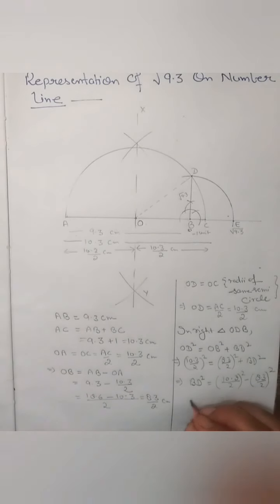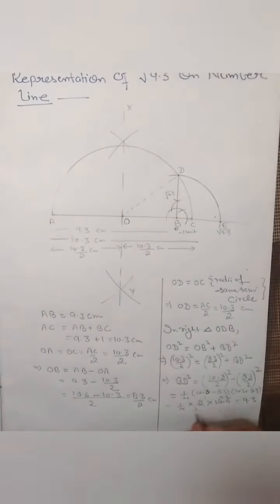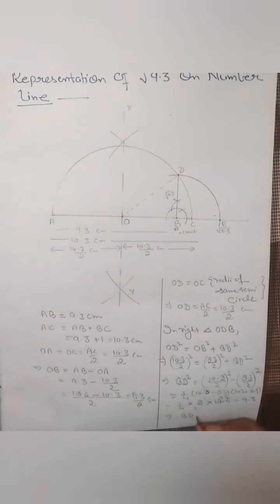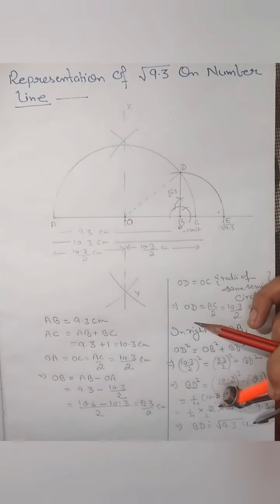If we apply the identity, 1 by 4 will be common, 10.3 minus 8.3 times 10.3 plus 8.3. 10.3 minus 8.3 will be equal to 2, and 10.3 plus 8.3 will give 18.6. If we calculate it, it will be 9.3. Now if BD square is 9.3, it means BD is equal to root 9.3 unit.